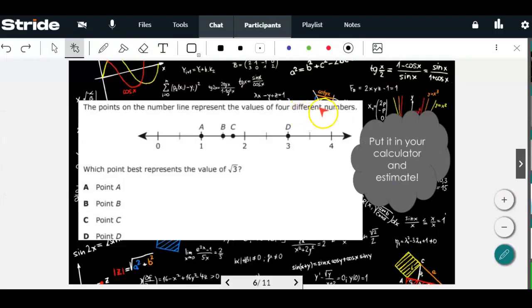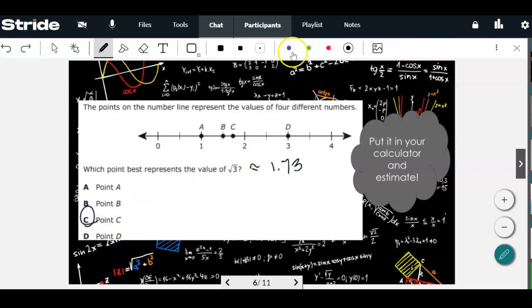A is at 1, B is right in the middle between 1 and 2, so this will be 1.5. This is a little more, so that is going to be our best answer because, remember, we just did it on the calculator, it's approximately 1.73. So it should be C for this one.